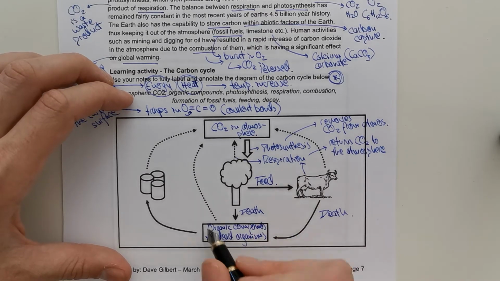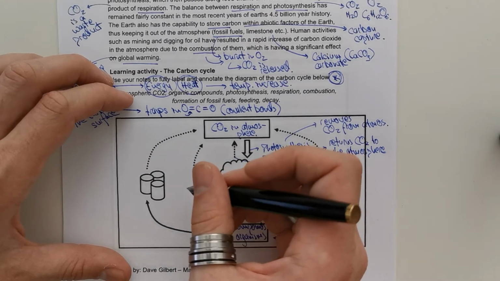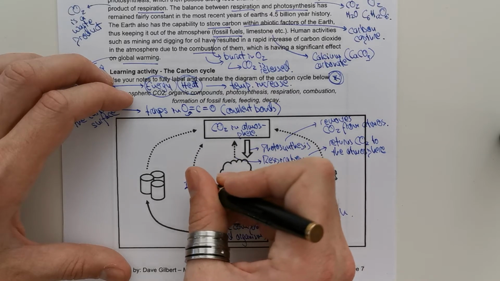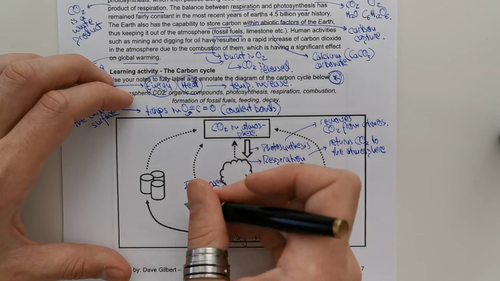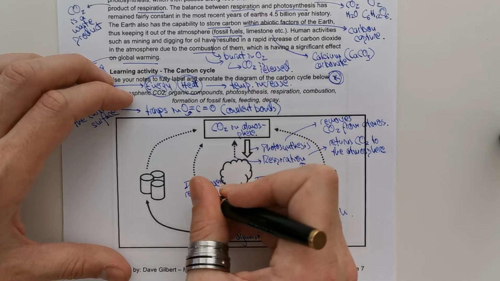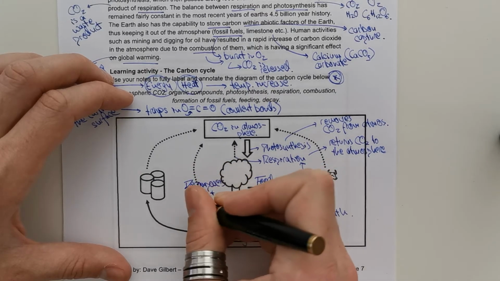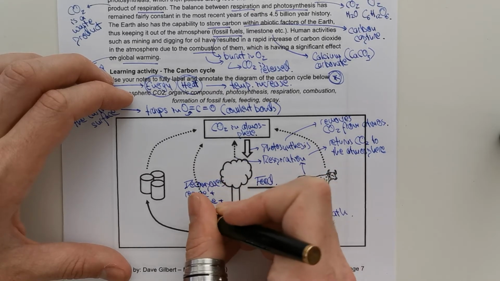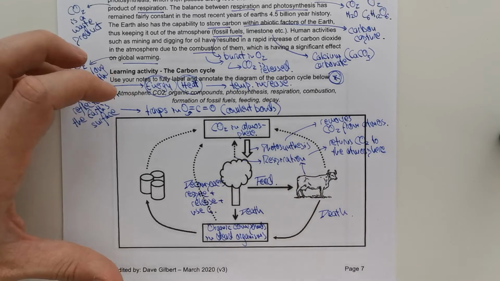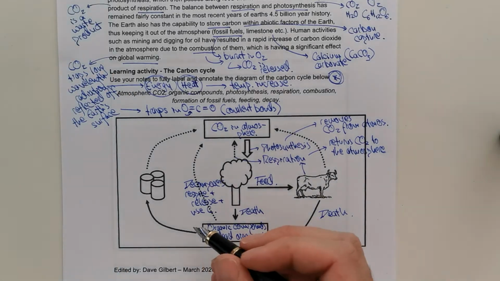How is that released? Decomposes. Decomposers respire and release and use carbon. Then, what's the other way?